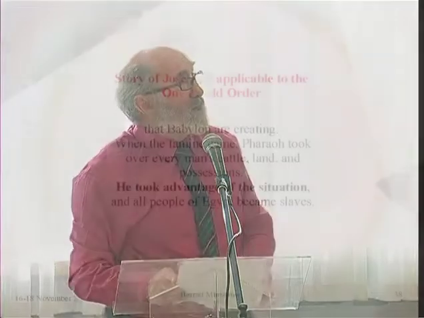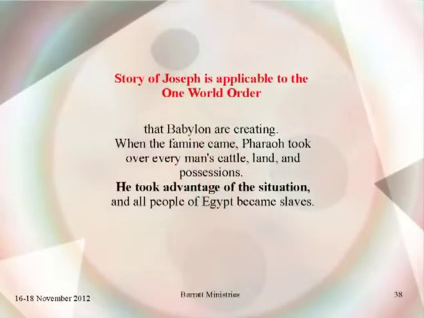And he ruled Egypt for Pharaoh. Now, Pharaoh's a type of Satan. It's unbelievable. And listen what happened. I'm saying Egypt. It's the world, isn't it? It's part of Babylon. Do you know that Pharaoh took every man's cattle, land and possessions? He took advantage of the famine. When the famine came, Pharaoh used it and he took over every man.